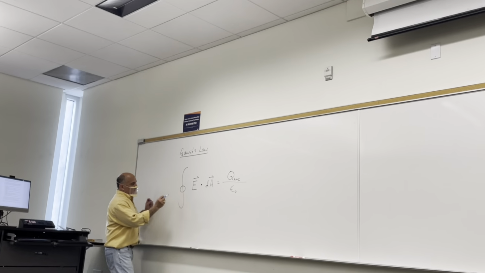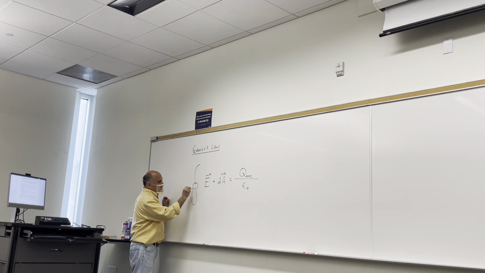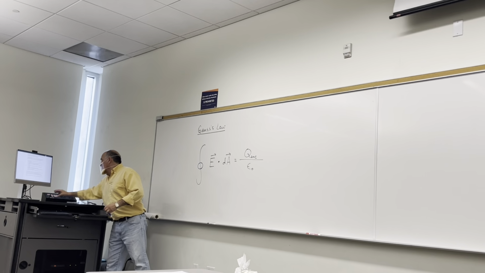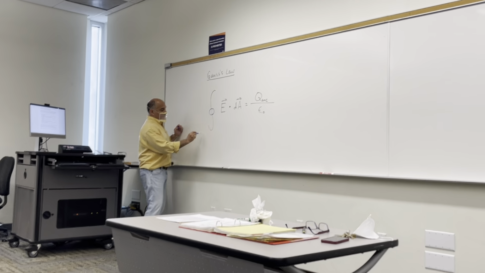So let's talk about what the different things mean in Gauss's law. The circle that you see here means that you have to consider a closed surface.